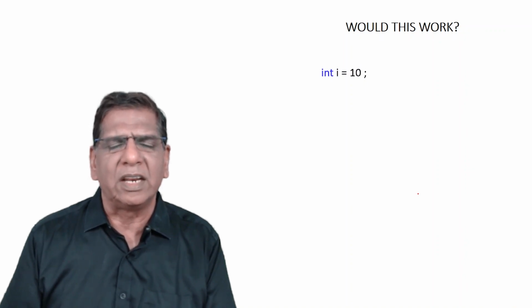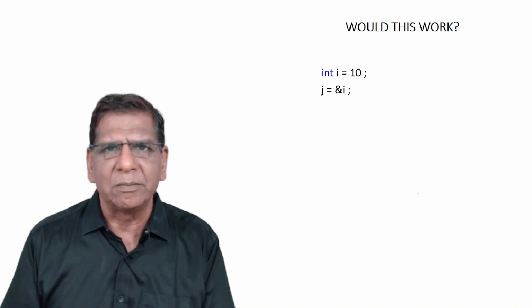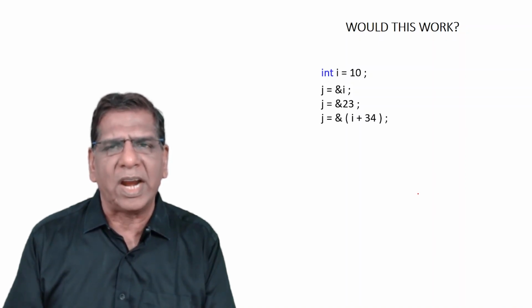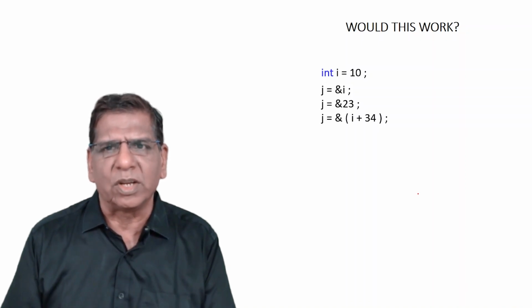Now let's try a few variations. Suppose I say int i equal to 10 and then I say int j, store address of i. Will that be legal? Perfectly. Can I say j equal to &23 or j equal to &(i + 34)? Well, the first among these is okay, whereas the next two are not.